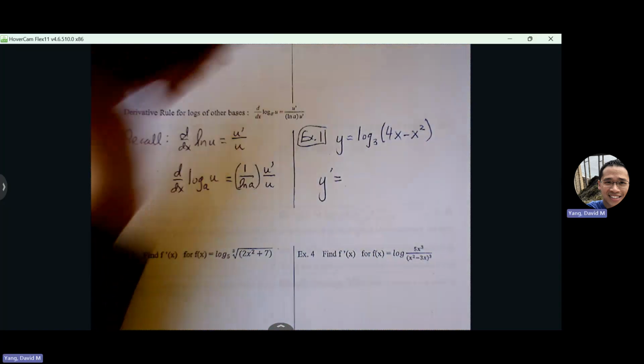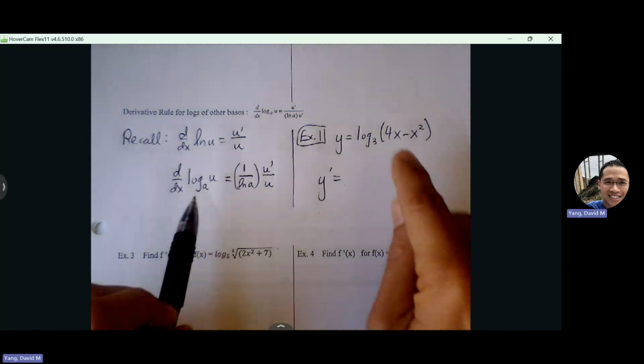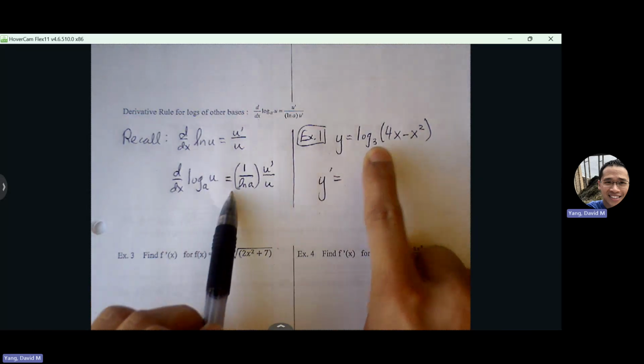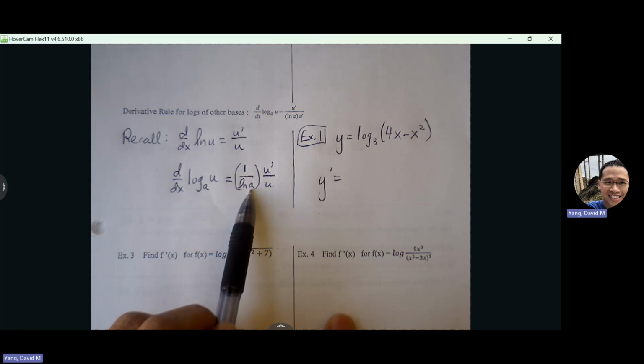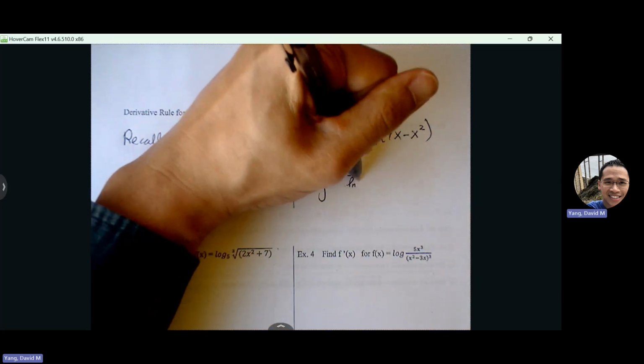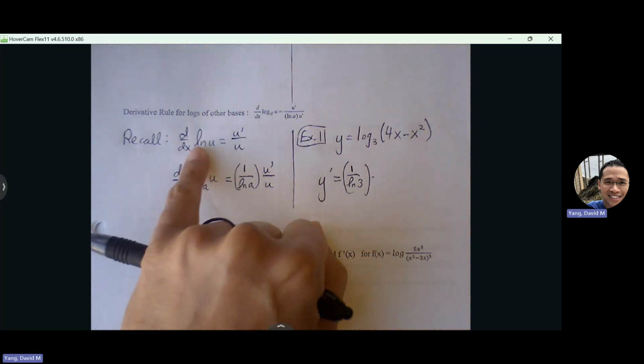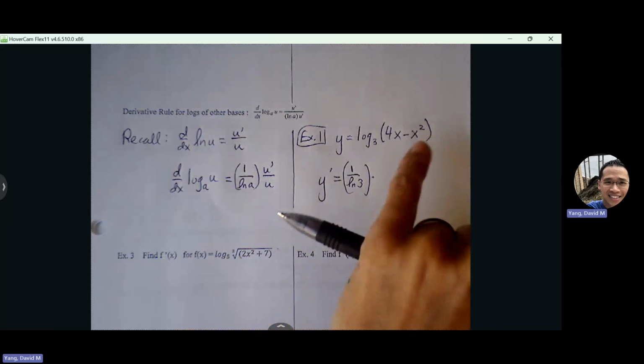So y prime, first off, we can't distribute, so we have to leave this alone. But we're just gonna follow this rule here. What's my a value? 3. So think of that as just a coefficient that has to be in front, 1 over natural log of 3. Once you get past that coefficient, then it's just the same as natural log. It's just u prime over u. Okay, so what's u prime?